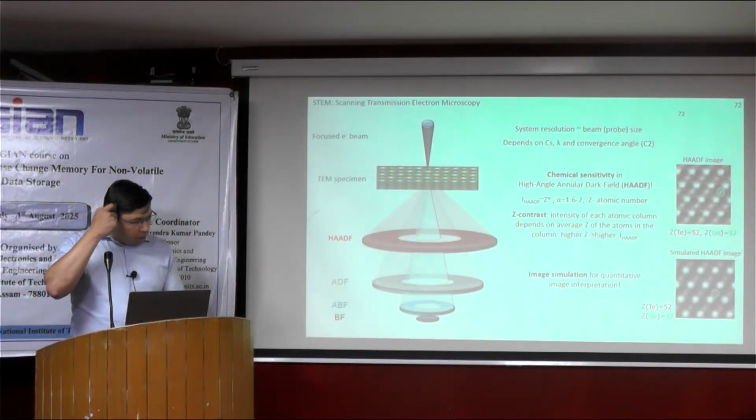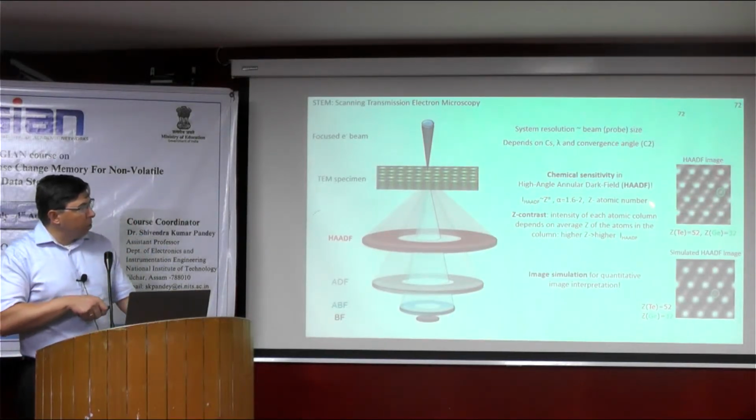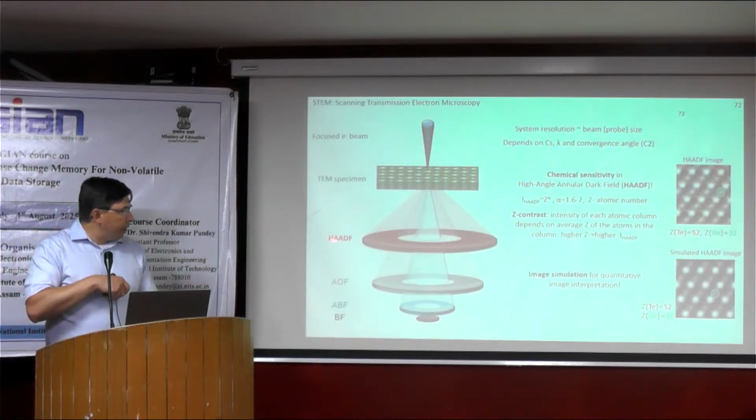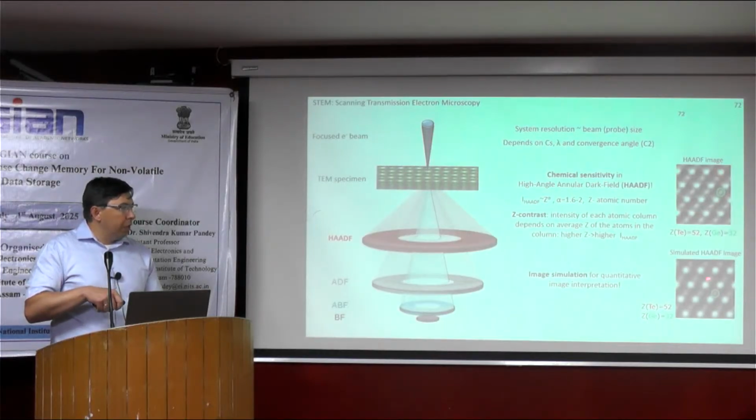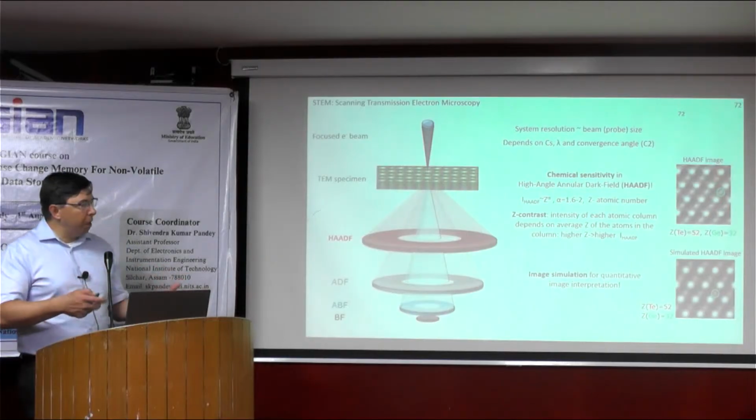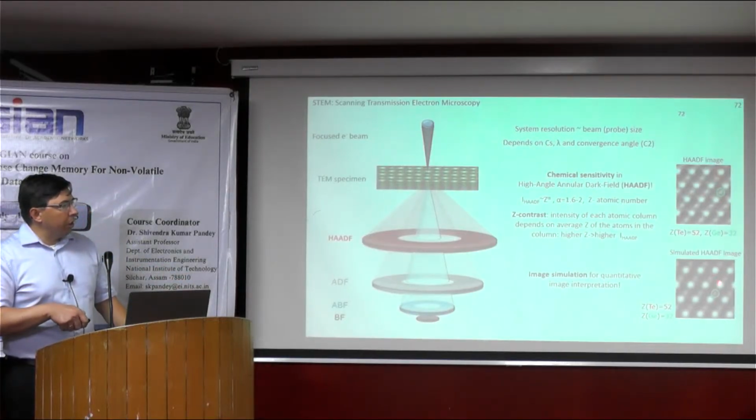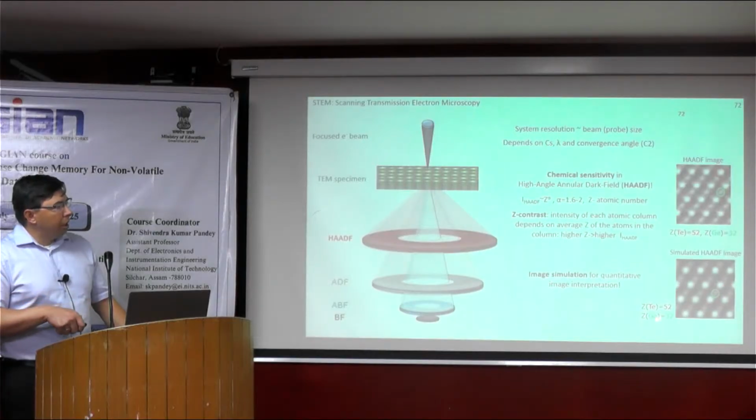And if you don't believe this HAADF technique, you can make a simulation for quantitative image interpretation, and you can see also nicely that these higher intensities, brighter dots, are tellurium, like here, because you have a structure model, you can compare it in the simulation, and then the less bright dots are germanium.